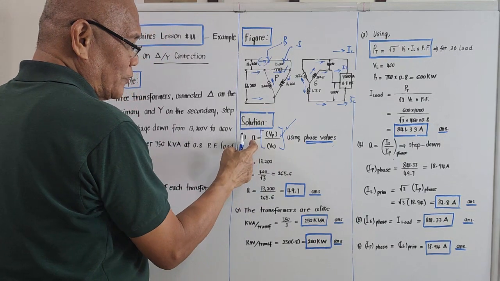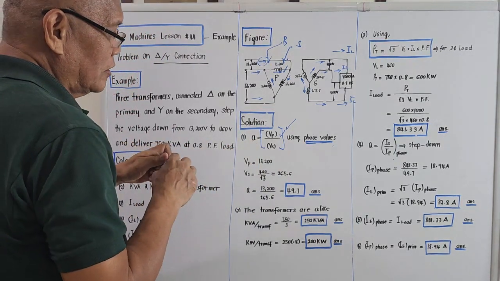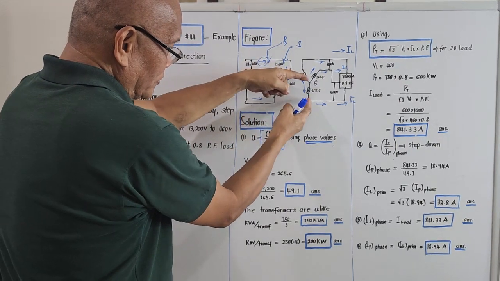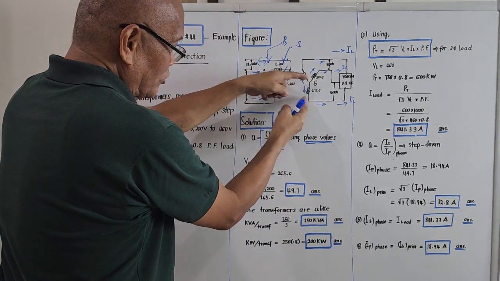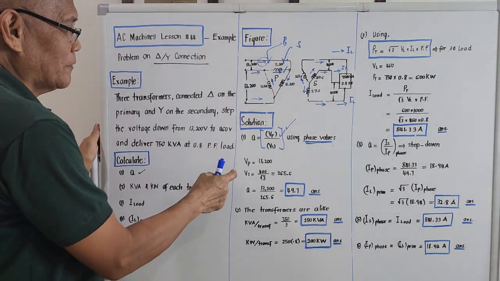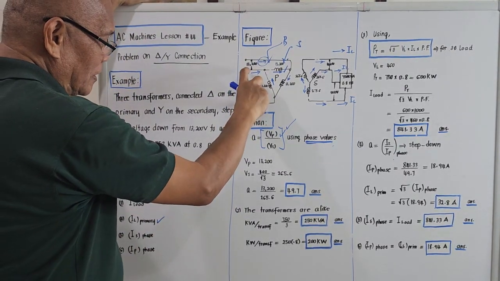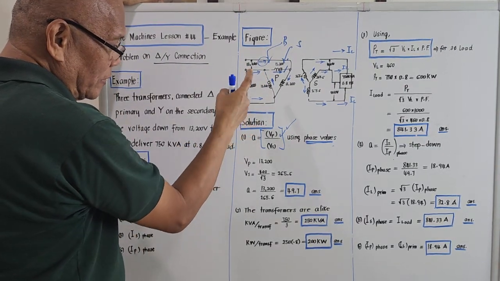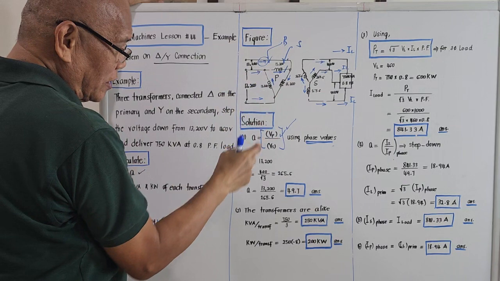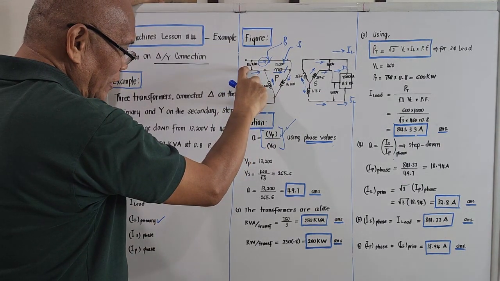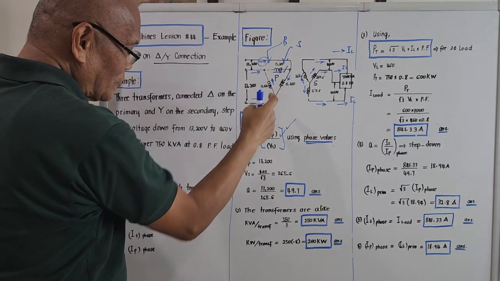So if you try to compute for A, it should be the voltage across this divided by the voltage across this. Okay, it should be the phase value. For the primary side, the line-to-line voltages are actually 13,200. But since the connection is delta, whatever line voltage comes out is the same as the phase voltage.